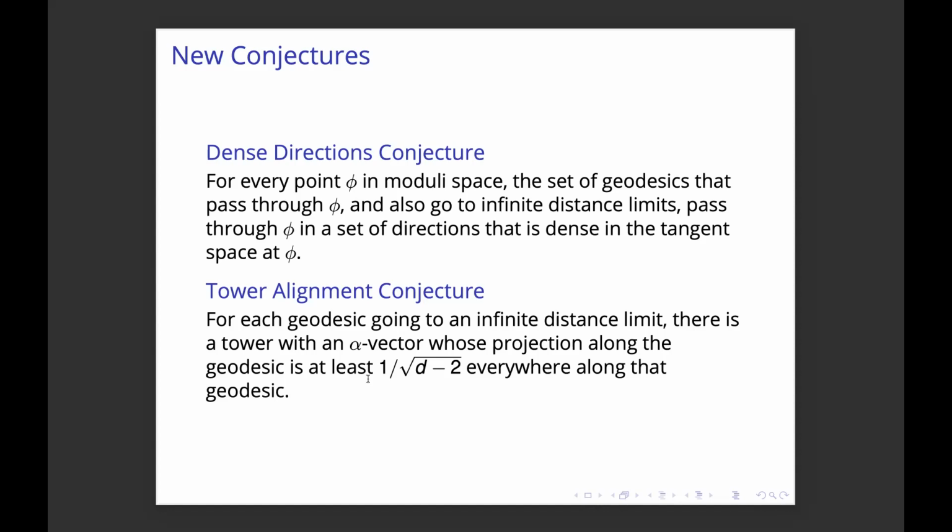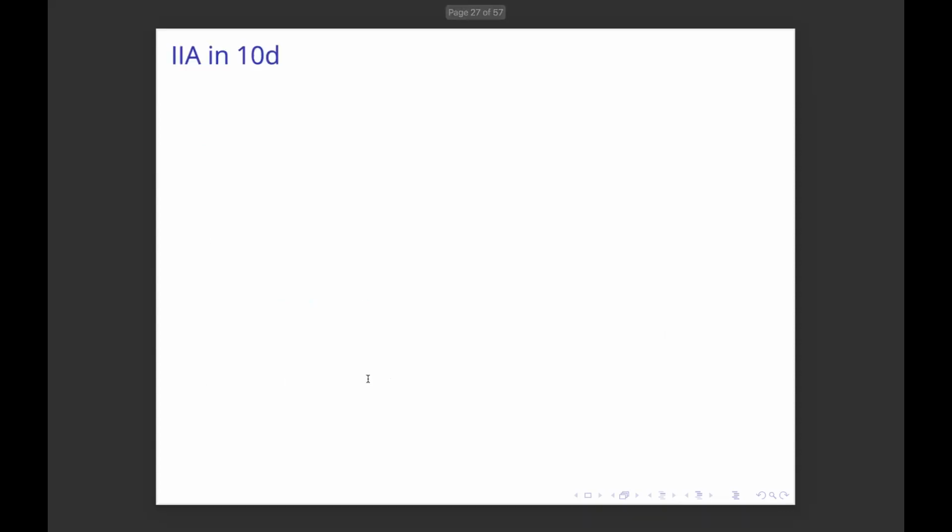Now I will demonstrate how this happens in several examples. The first example I will breeze through because it's relatively trivial in that the moduli space is flat and scalar charge to mass ratio vectors don't slide. So that's type IIA string theory in 10D. Here there's just one modulus, which is the dilaton.